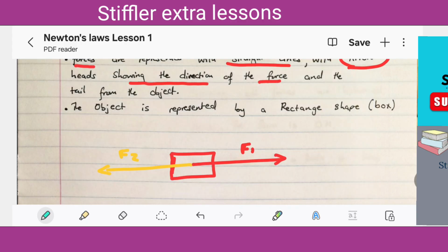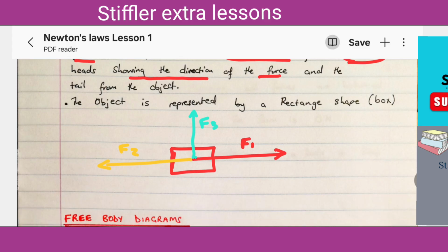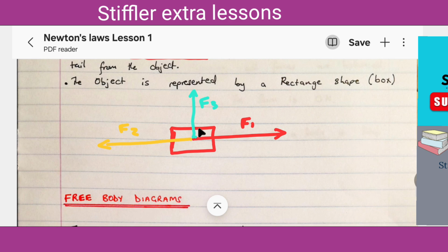So we can have a situation like this. This is the representation of the force diagram, where this box is representing the object.